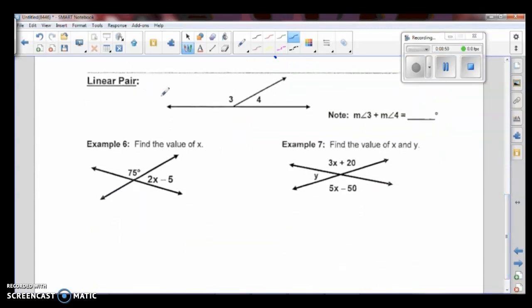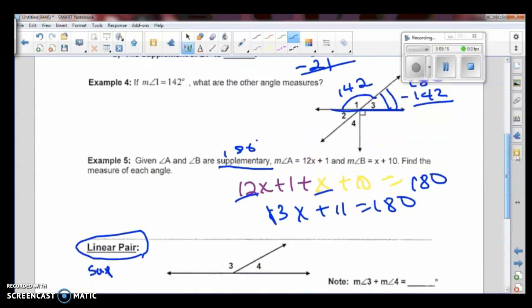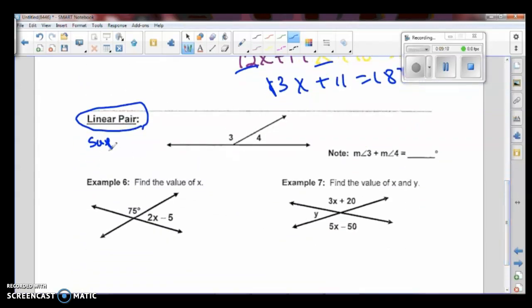All right, linear pair. That's just a way to basically say that we have two angles that are supplementary. They are two angles that together form a line. Yep, they're supplementary. So, what do we think the measure of angle 3 plus angle 4 would be? Supplementary.